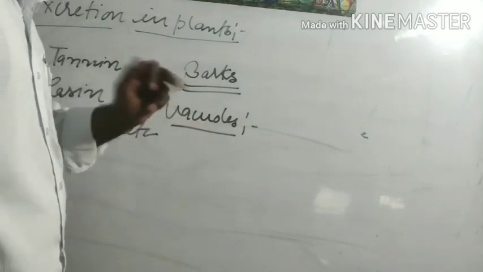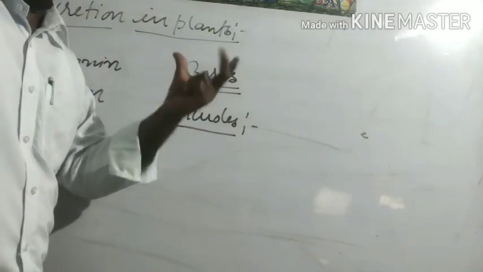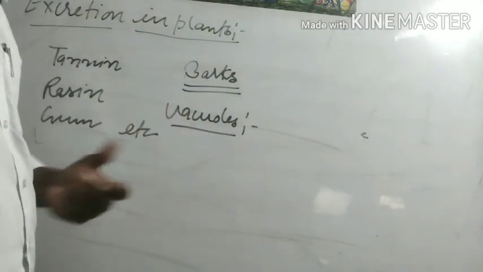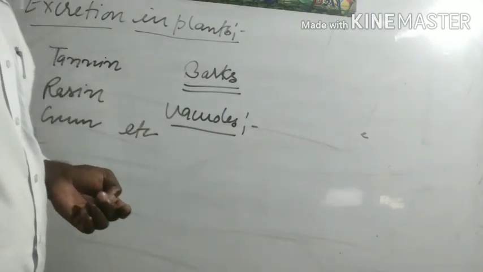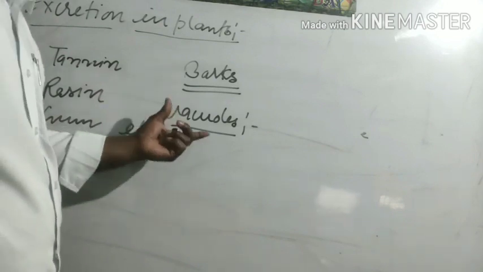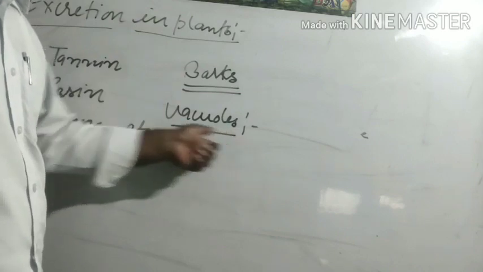In plants, the size of the vacuole is very big, and these vacuoles store the waste products. It occupies about 90% of the area of the cell. So the vacuole stores the waste products, separate from the cytoplasm due to the presence of a selectively permeable membrane.